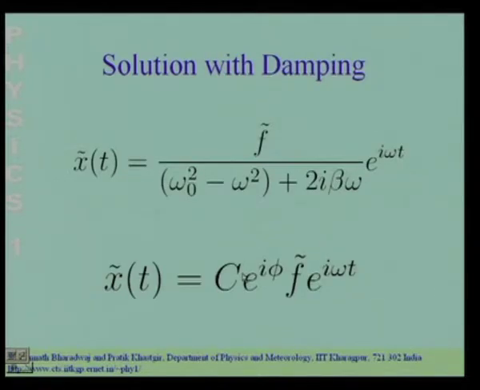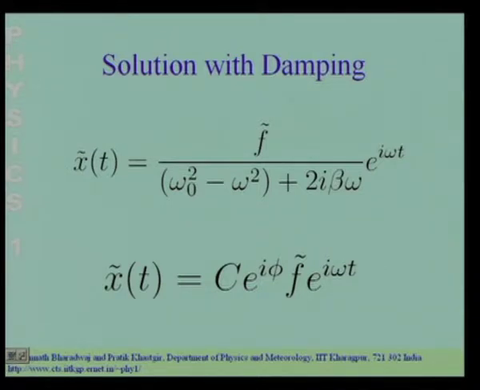We had worked out the particular integral, and this was the solution which we had obtained in the last class. So, let us resume our discussion of this particular solution, which is the particular integral of the differential equation which I had just shown you.